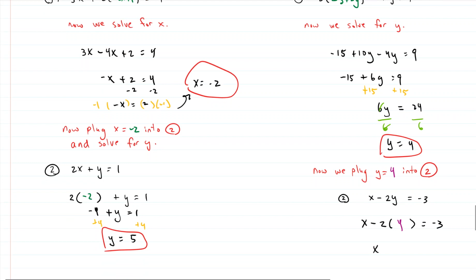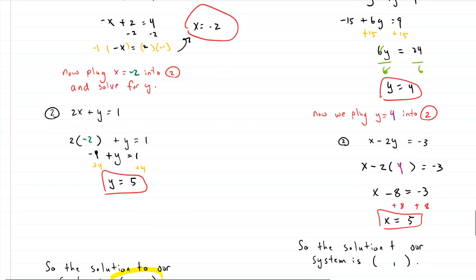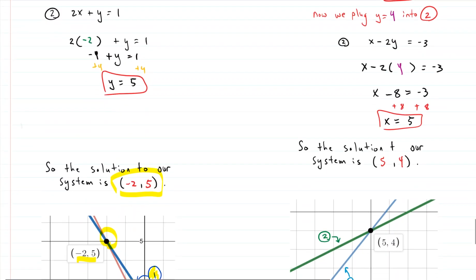So we have x minus 2 times 4 gives us negative 8 equals negative 3. And let's add 8 to both sides. What does that give us? X equals 5. So we have our x and our y, right? X is 5 and y is 4. All right, that's our solution.